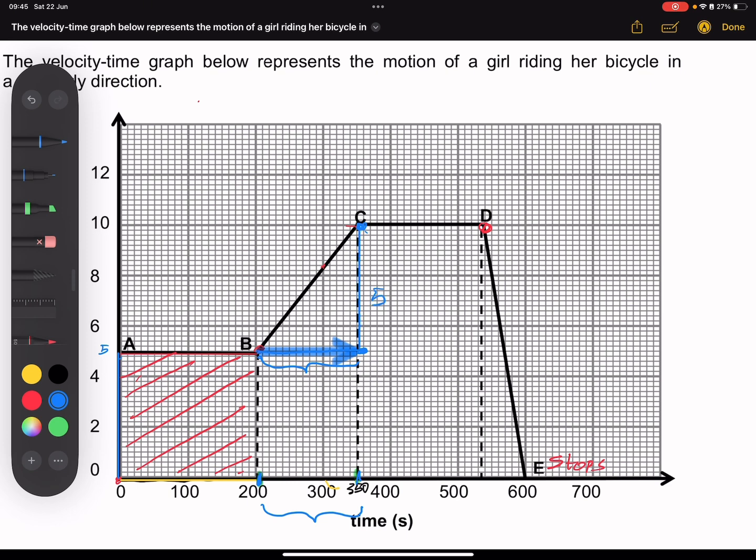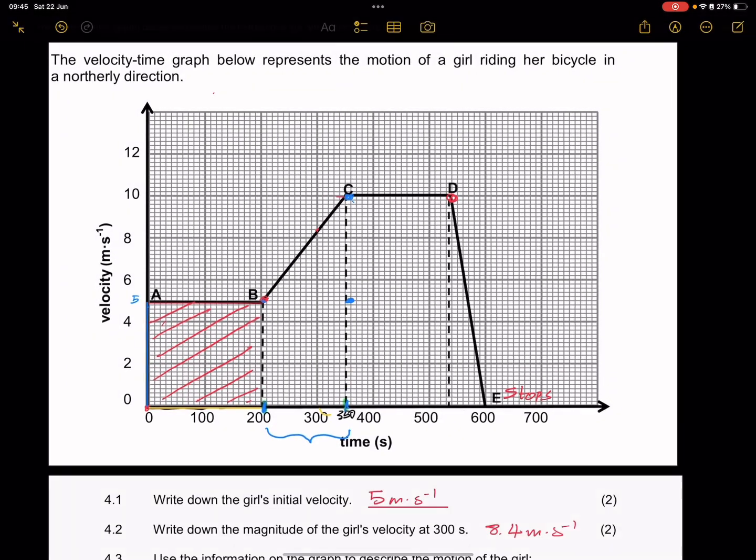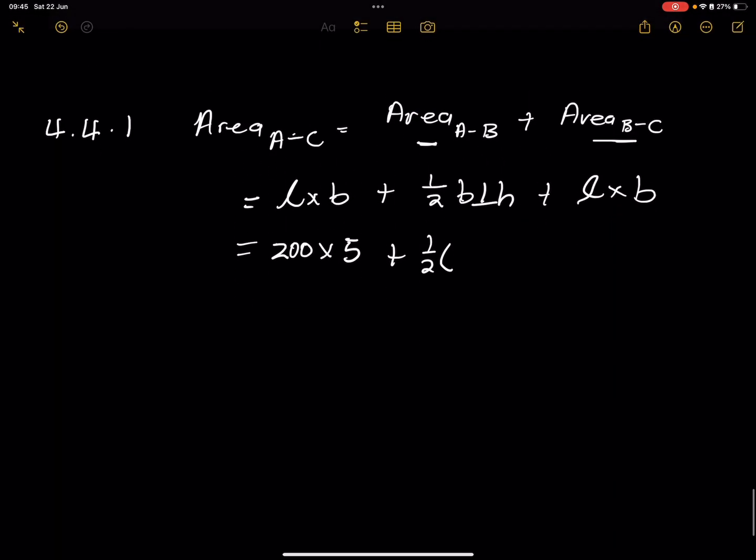So that's 350, which is our base, and this is 5 for the height. So I'm going to say half base. How did we get the 350?